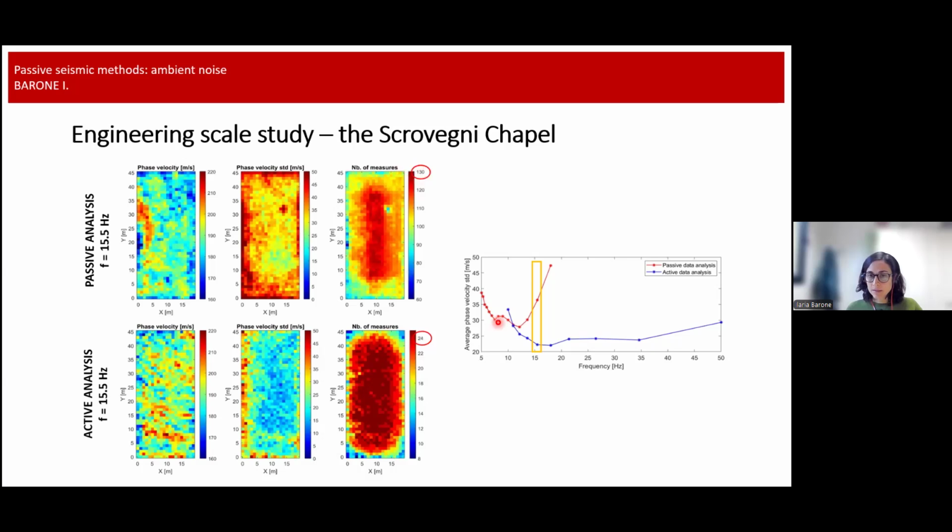And this problem is quite clear also if we look at the average standard deviations for the passive and the active analysis. So in the common frequency range, the standard deviations of the passive analysis start increasing exponentially. So something is wrong with the passive analysis as we increase the frequency.